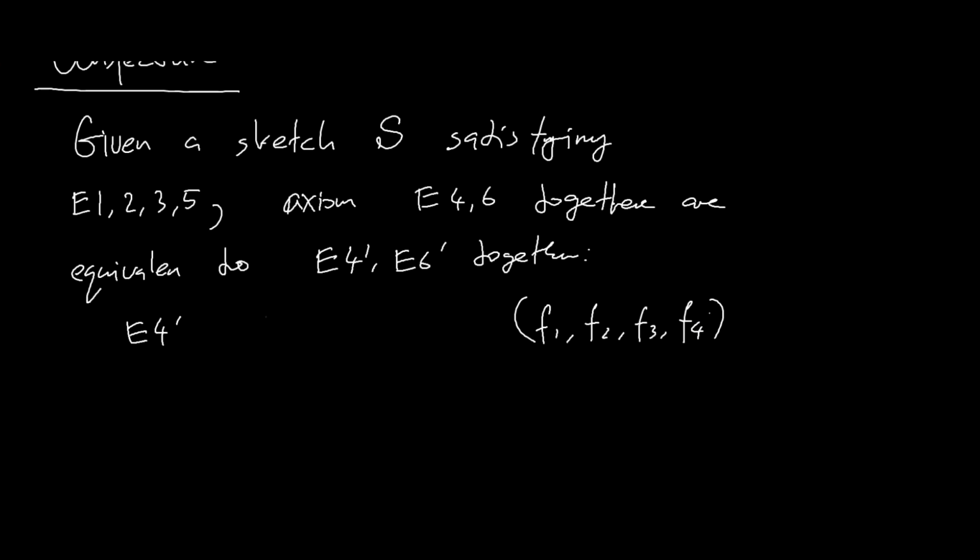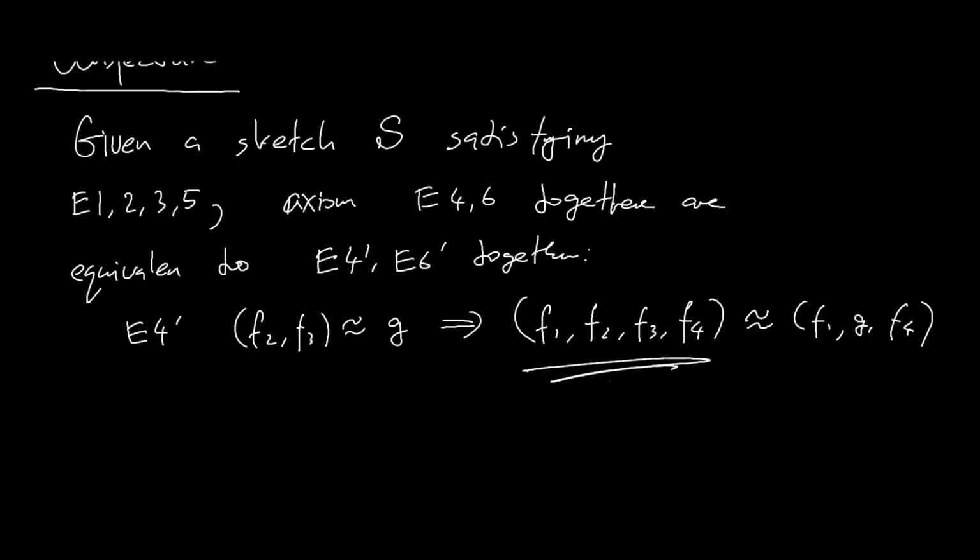So we are given that F2 and F3, this path, is equivalent to a single morphism G, then the path of these four morphisms will be equivalent to F1, G, F4. And once again, it's understood here that F1 ends where F2 begins. So this actually is a path. I'm not forcing it to be.